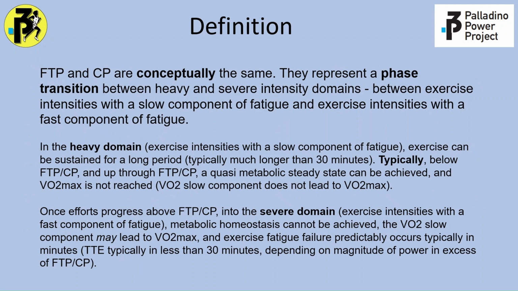So we'll sort of tie up this video by, again, saying FTP and CP are conceptually the same thing. They both represent a phase transition between heavy and severe intensity domains, between exercise intensities with a slow component of fatigue and exercise intensities with a fast component of fatigue. That's the definition of FTP and CP.